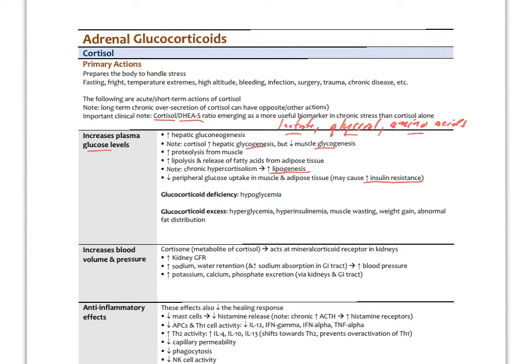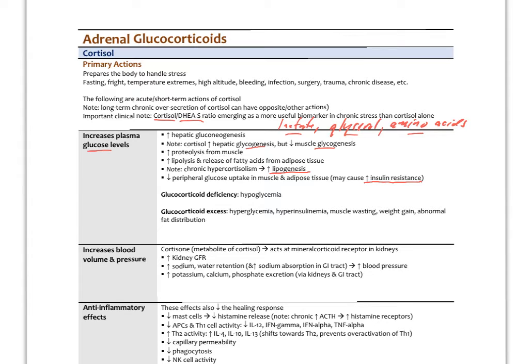So that is where we're finding, we think, in metabolic syndrome, there's some problem with cortisol, probably locally. Again, overactivation of that local 11-beta HSD1, which is reactivating inactive cortisone into active cortisol.